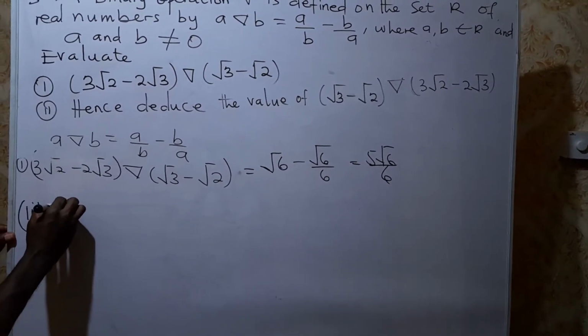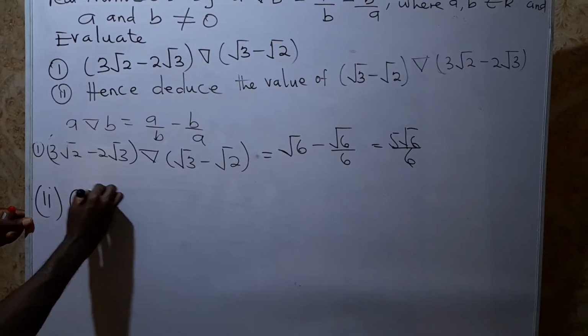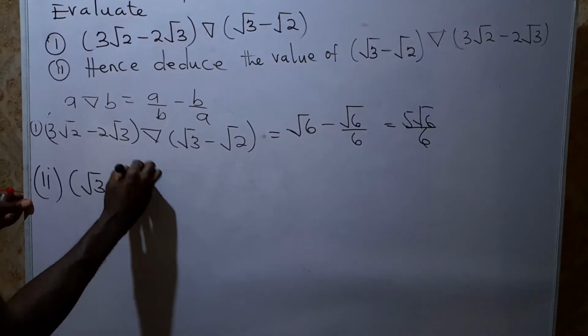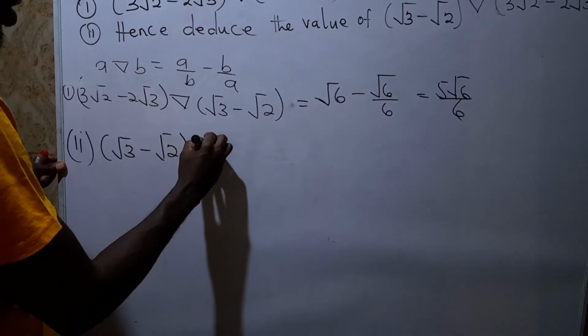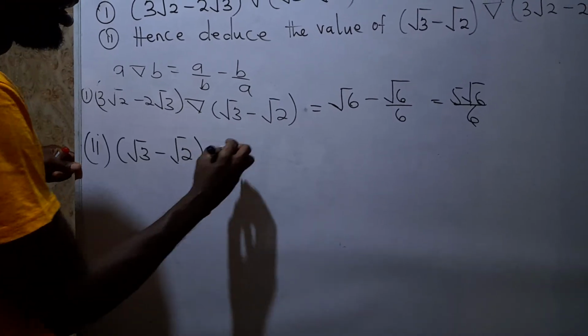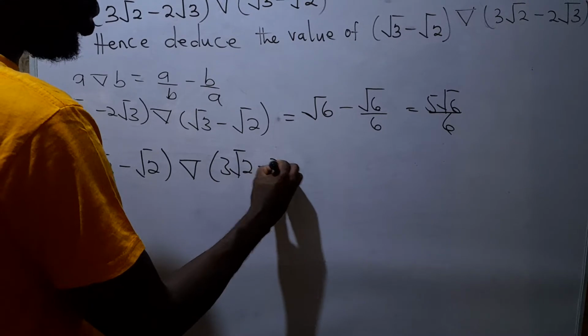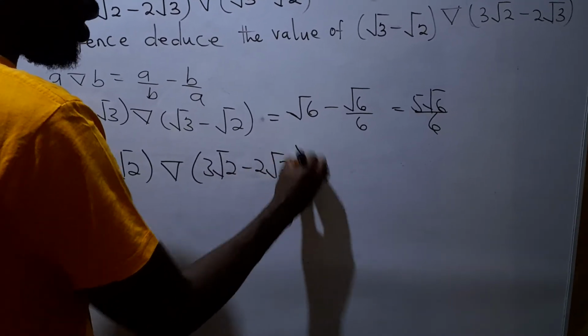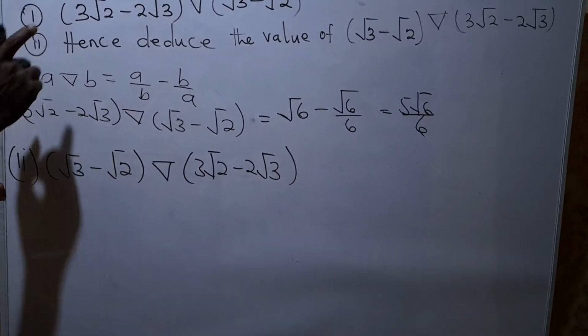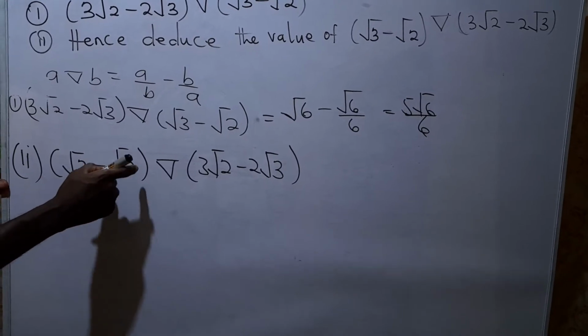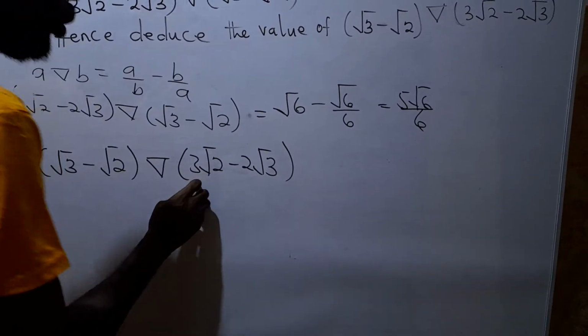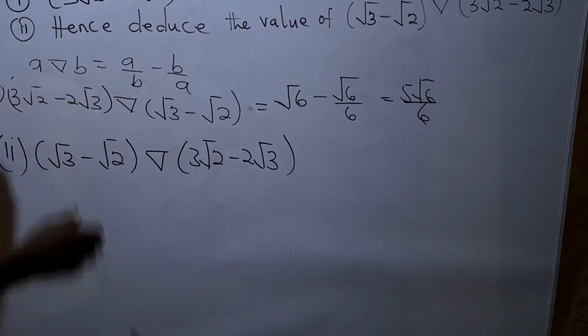So we can say that root 3 minus root 2 nabla 3 root 2 minus 2 root 3 will be that. Any place we see A in the operation, we substitute root 3 minus root 2. Any place we see B, we substitute 3 root 2 minus 2 root 3.